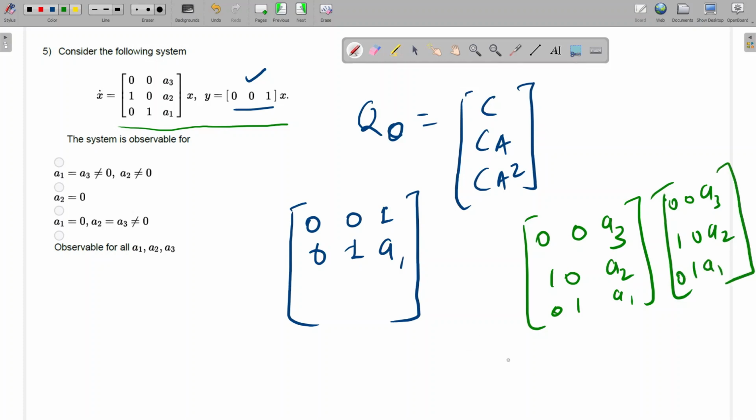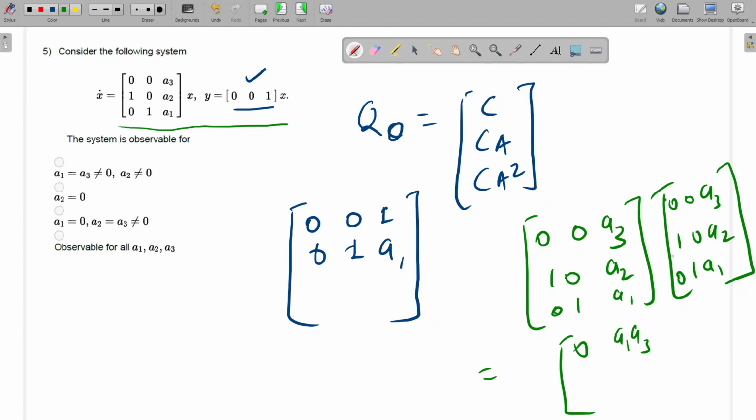First row into first column, that will be 0. This into this 0, and this into this A1, A3. Again this into this A1, A3. One second, this into this 0.